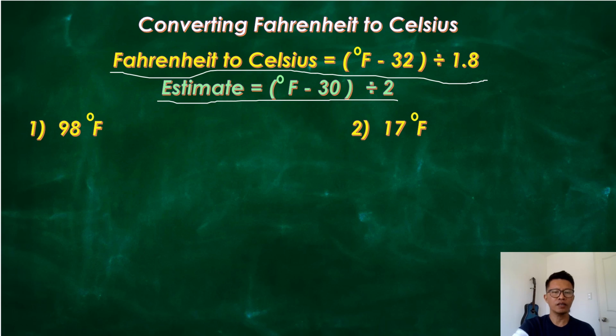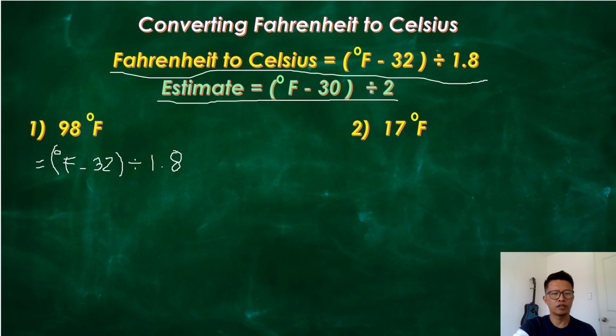Alright, so we have 98 degree Fahrenheit convert into Celsius. So we have to write the formula that is equal to degree Fahrenheit minus 32 and then divided by 1.8.